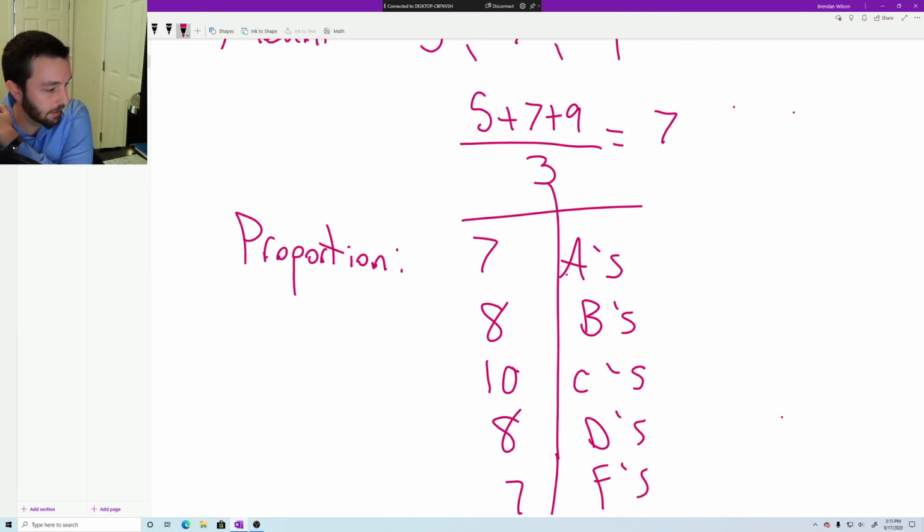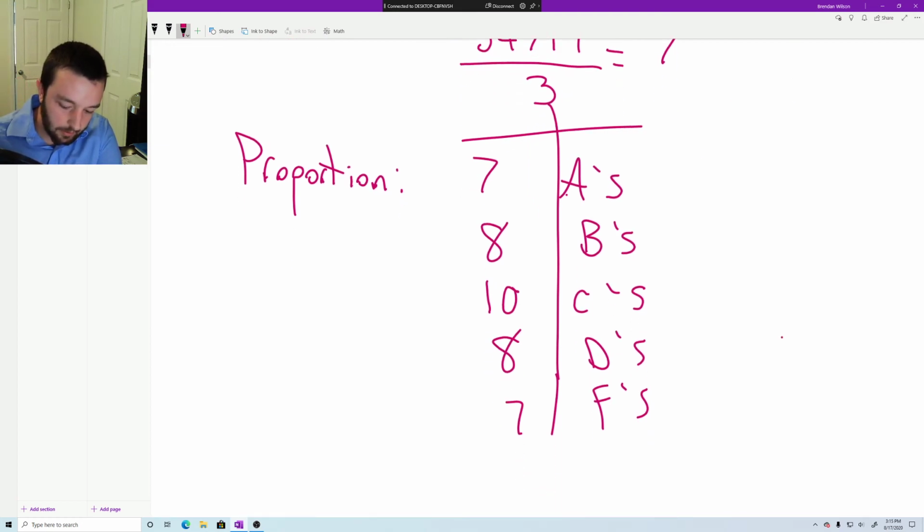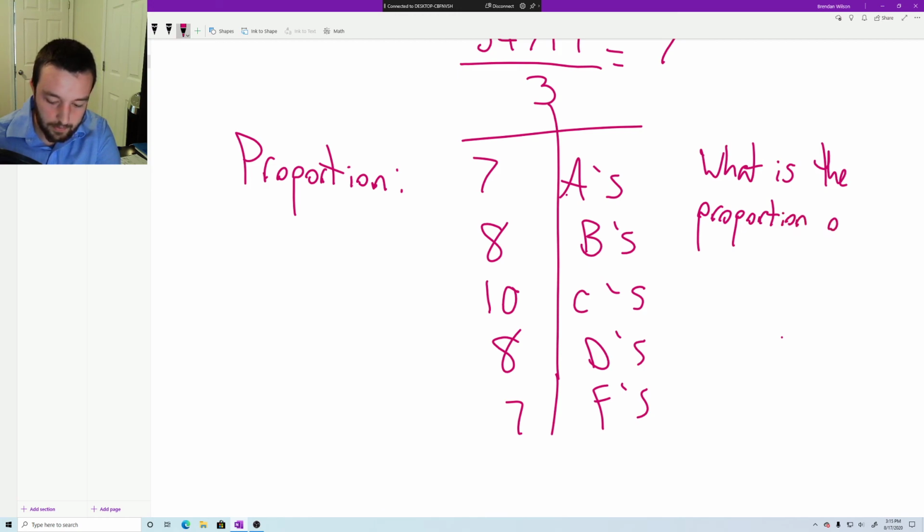And this is actually what's called a frequency table, which I'll talk about in 1.3. What is the proportion of the class with A's?